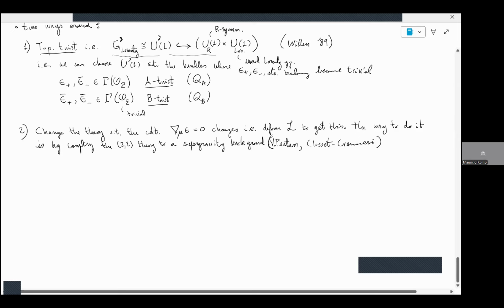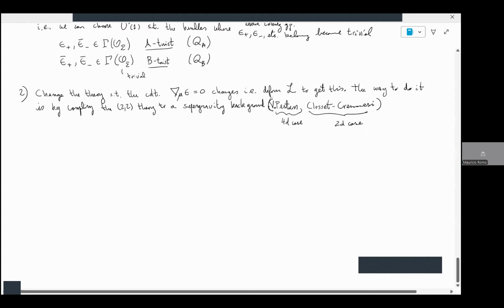But there are many other works for other dimensions. The original work of Pestun is for the 4D case, a 4D N=2 theory on the sphere. Okay, so in this case, I will just give you the punchline.